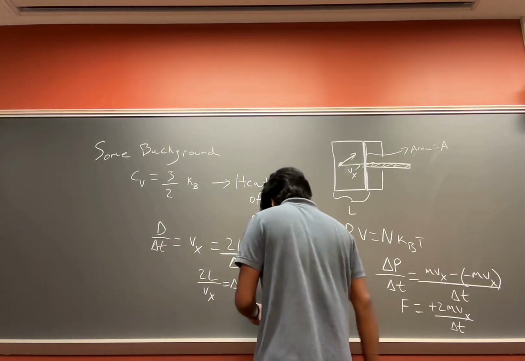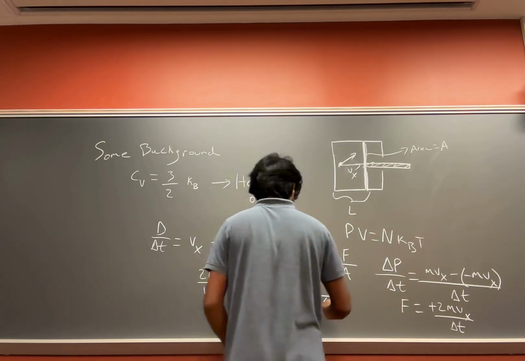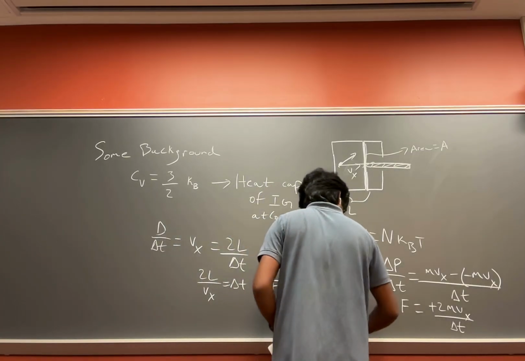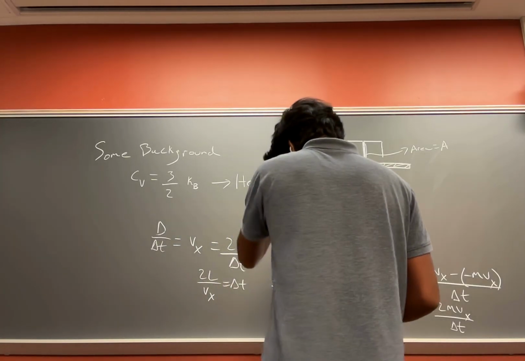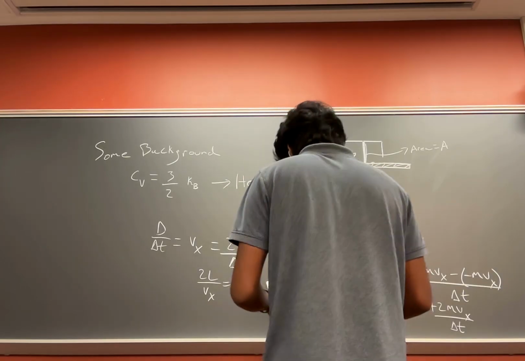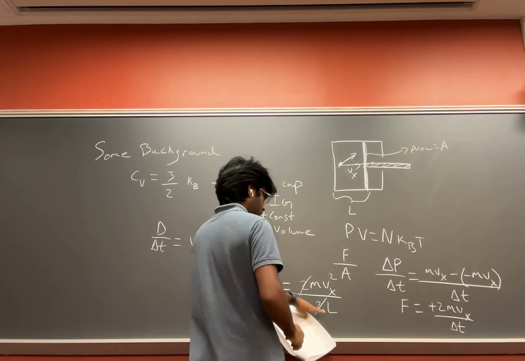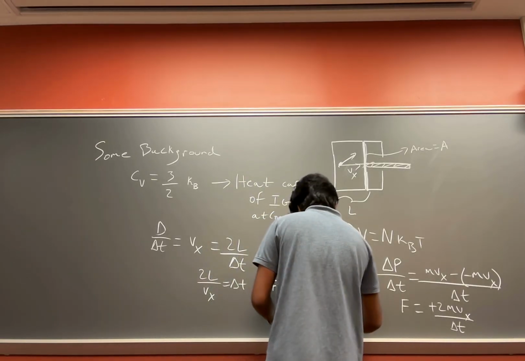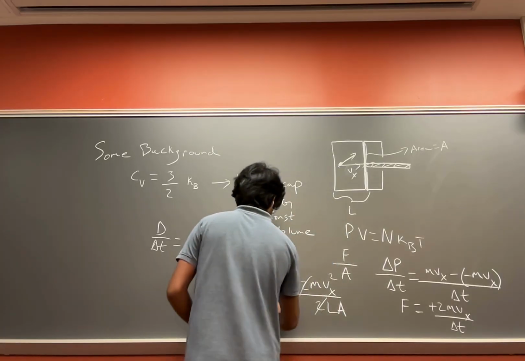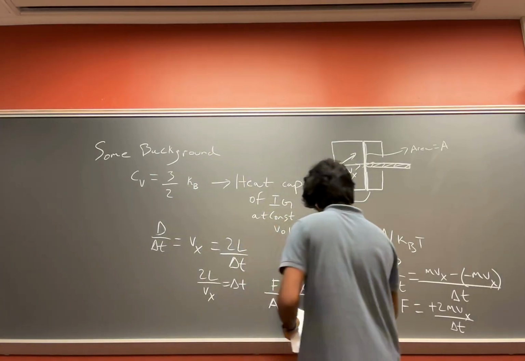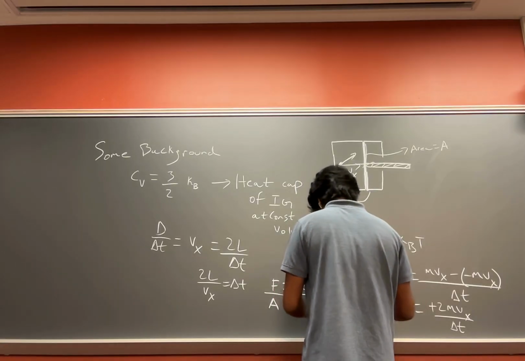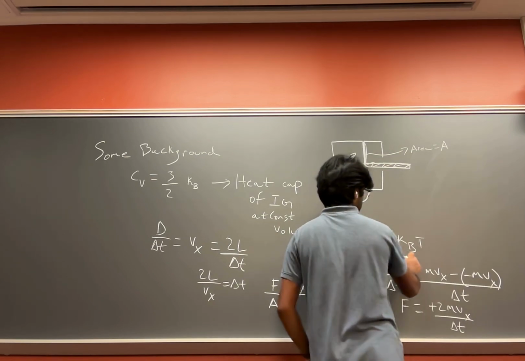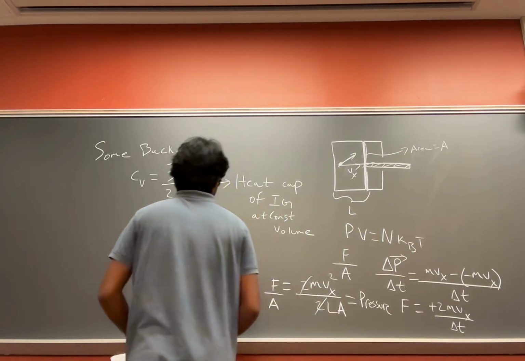So now this cancels out, and we get our force, and if we divide by the area on both sides, we just get our pressure. Sorry, that was unclear.